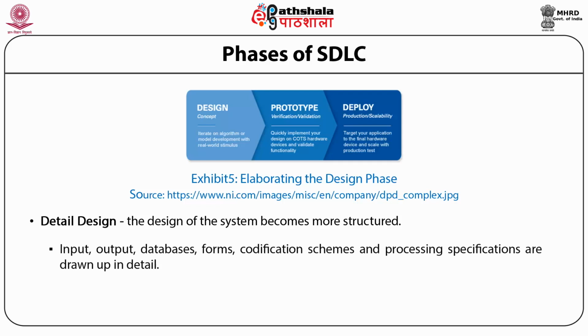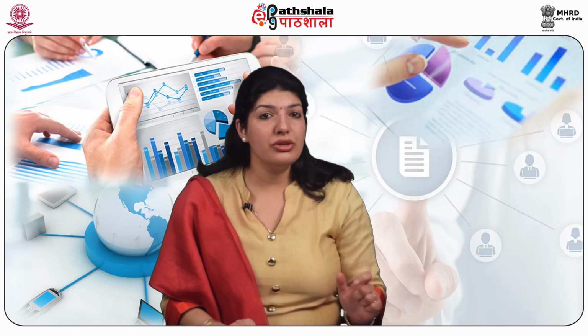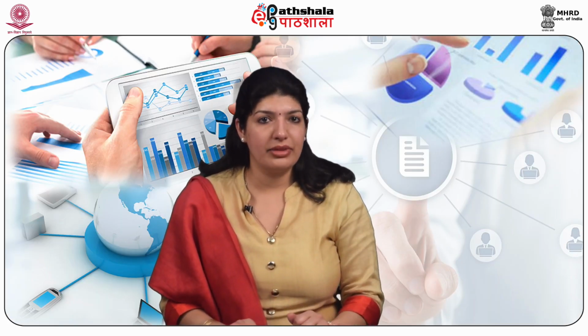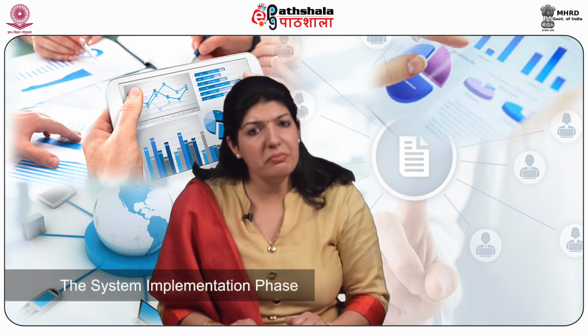Input, output, databases, forms, codification schemes, and processing specifications are drawn up in detail. In the design stage, the programming language and the hardware and software platform on which the new system will run are also decided.